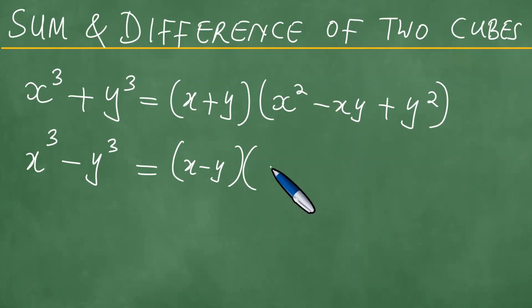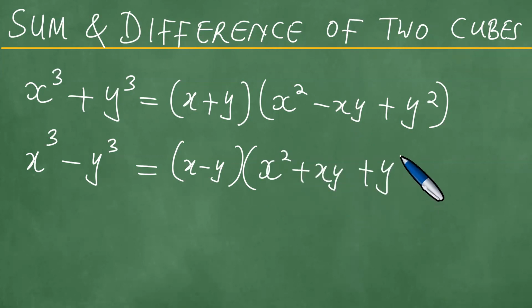X squared plus xy plus y squared. Well done. Okay, excellent stuff. Now, these are the things we're going to discuss, and as we are looking at these, we need to just recap on this.